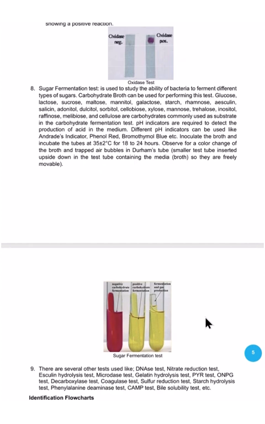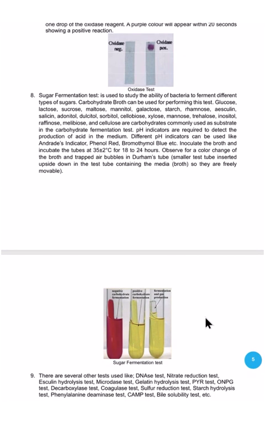So this is one of the most highly used tests within the microbiology lab. There are other types of tests, as I mentioned before. They are very specific to certain types of bacteria.